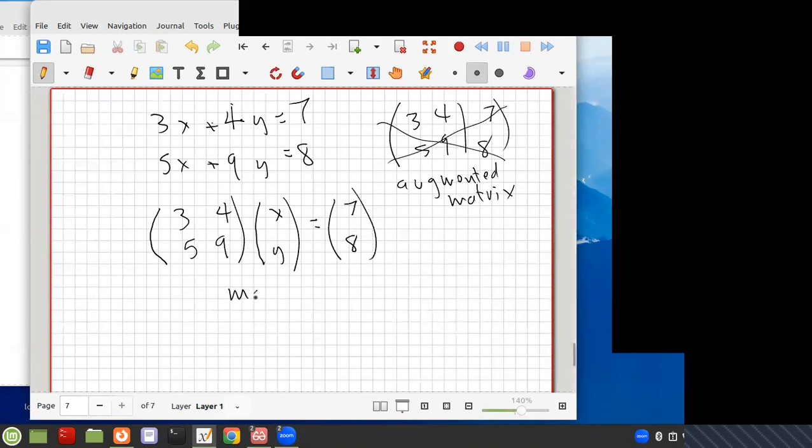This is the matrix equation of the linear system.